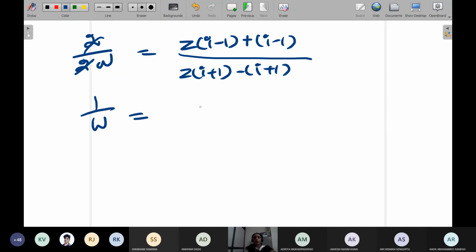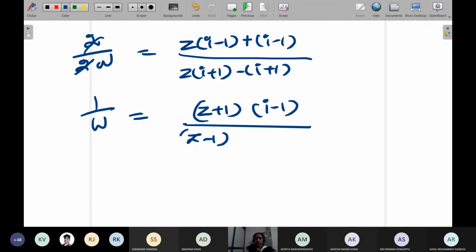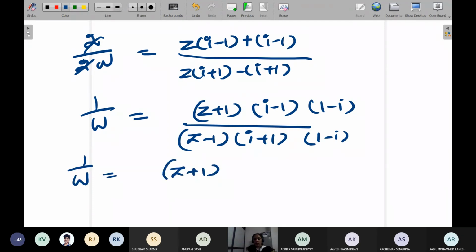The right hand side, you can write this as z plus 1 into i minus 1 divided by z minus 1 into i plus 1. Again you can multiply with the conjugate. Once you multiply the conjugate, with the conjugate of this, 1 minus i into 1 minus i, 1 by w is equal to z plus 1.